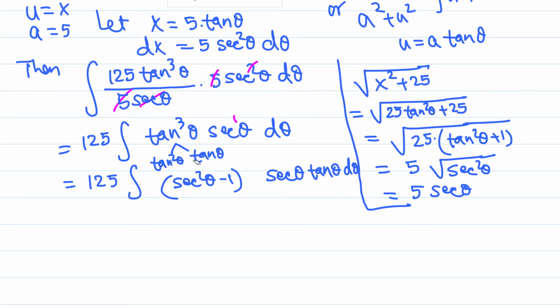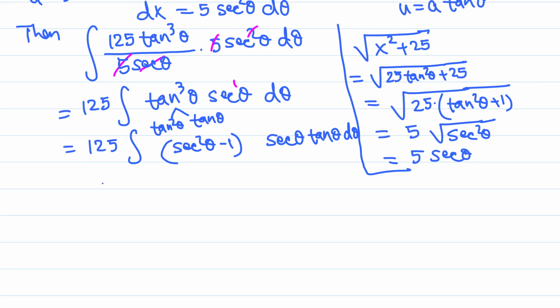Now we do a u substitution. u is secant, because we had secant odd. Then du is what?